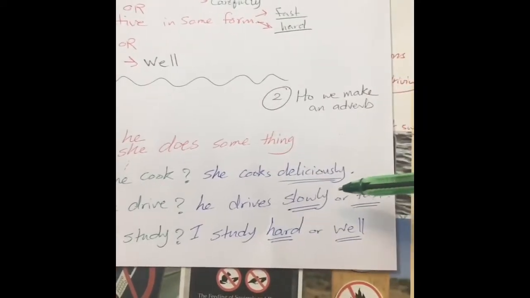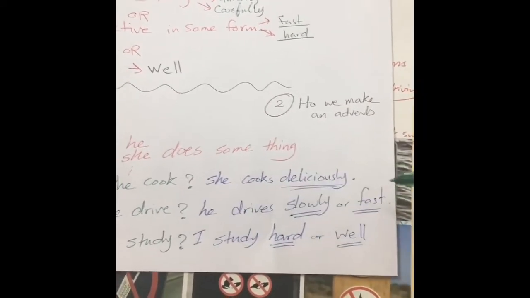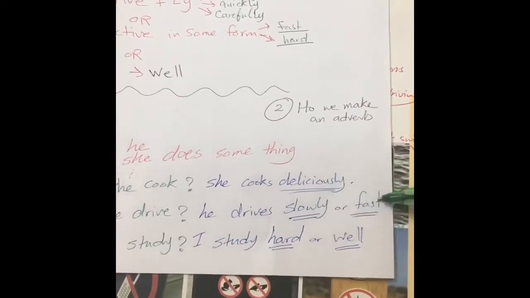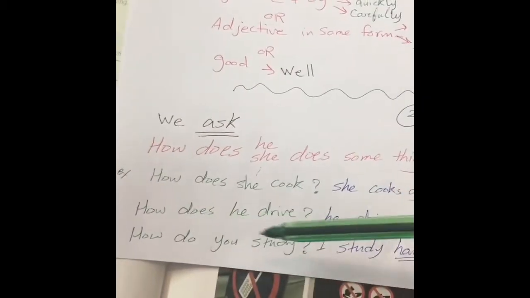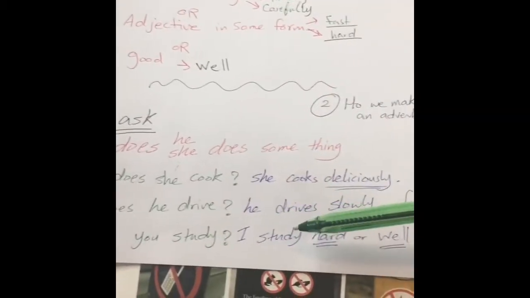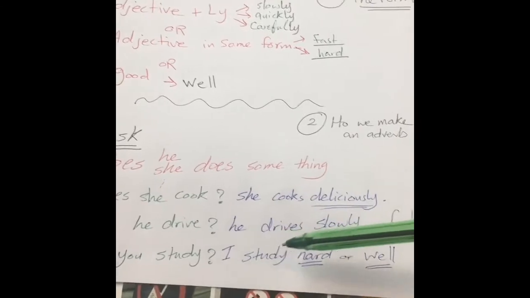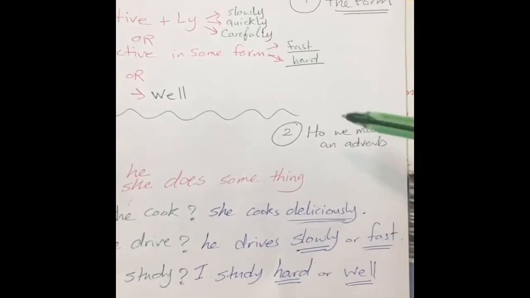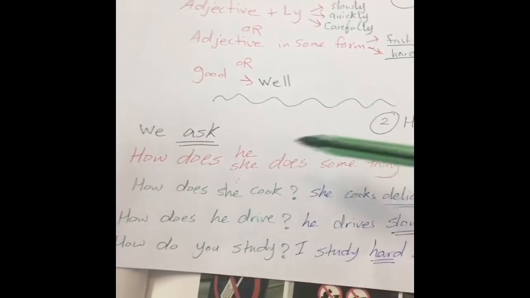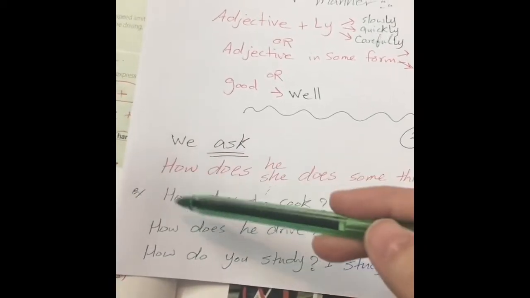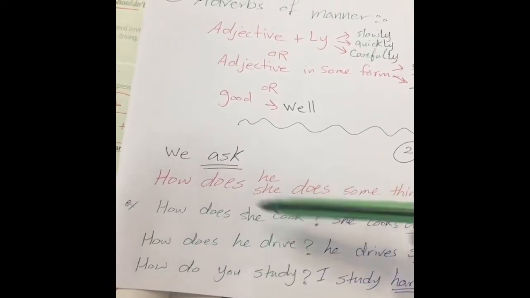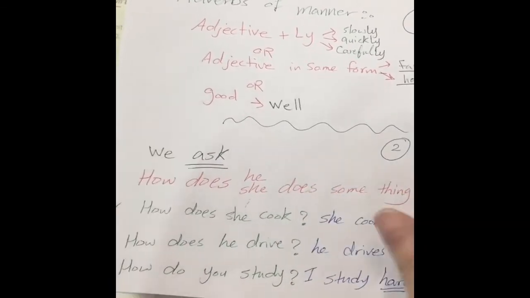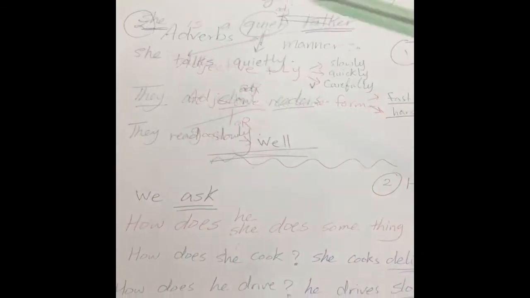He drives slowly, or he drives fast. These are all adverbs. How do you study? I study hard, or I study well. Then to make an adverb, I will ask how do or how does something is done. How is something done?